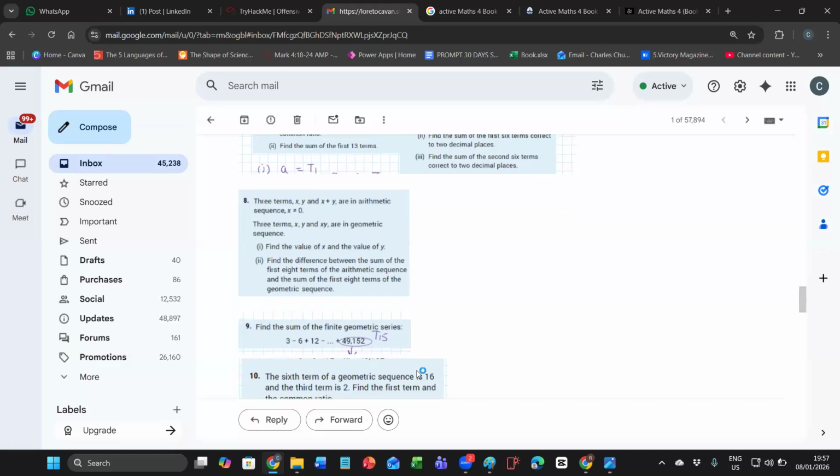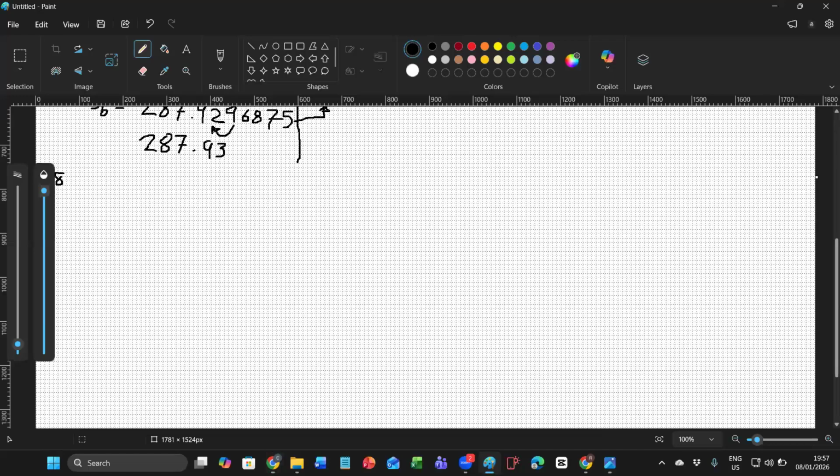That's a really interesting question. Let's look at the question again: eight terms of this, and of this, the arithmetic sequence. Let's see if we can make some decisions. The first one says arithmetic sequence.